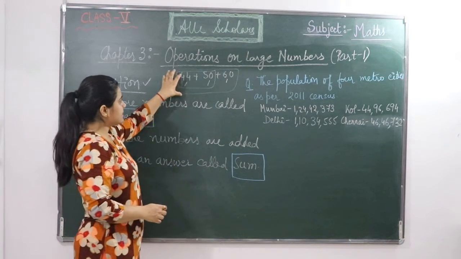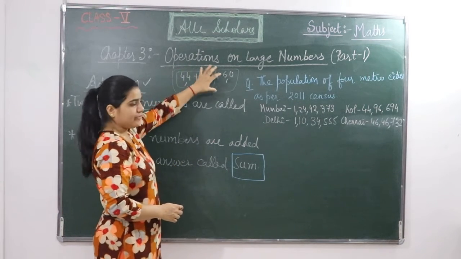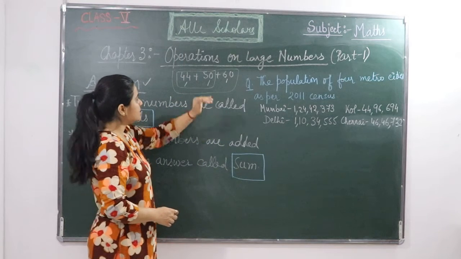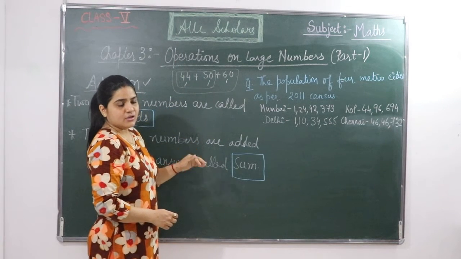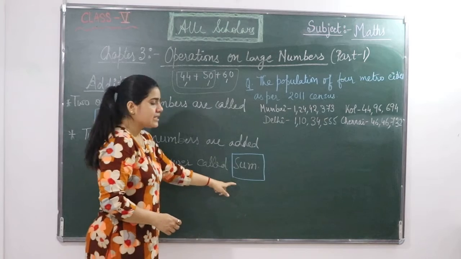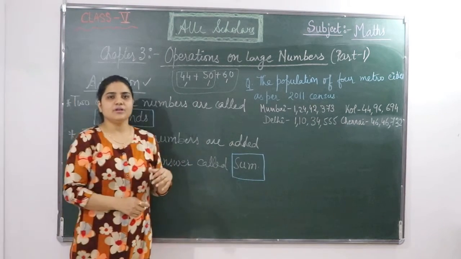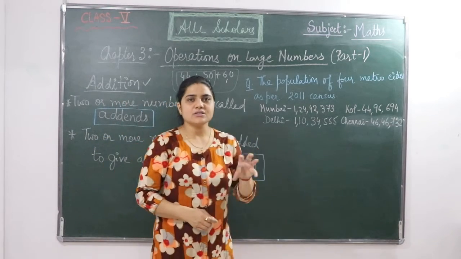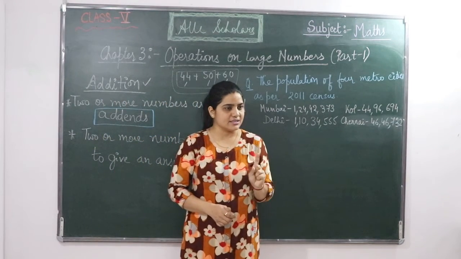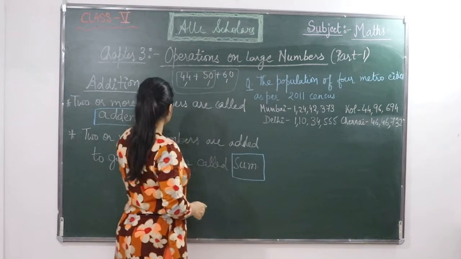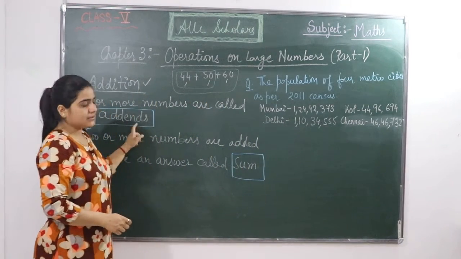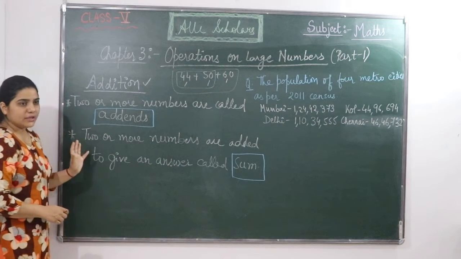When we are adding these numbers, whether it is 2 or 3 or any more numbers, we get an answer. That answer is called the sum. The numbers which we are adding are called addends. So this was about addition.